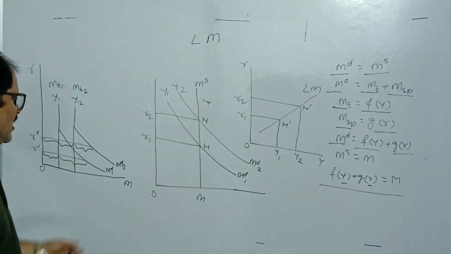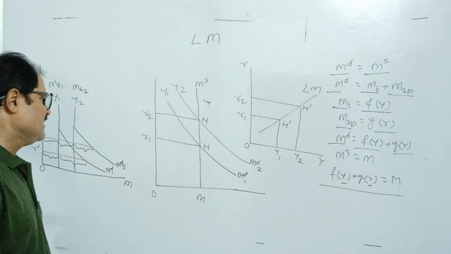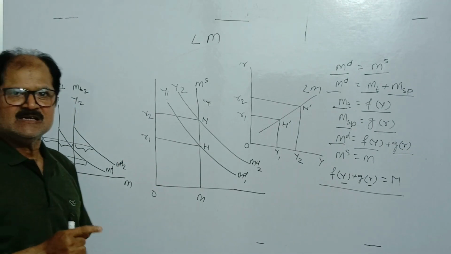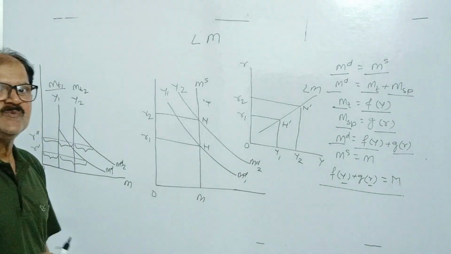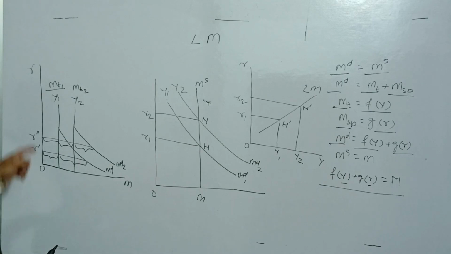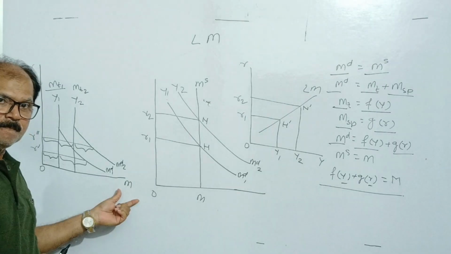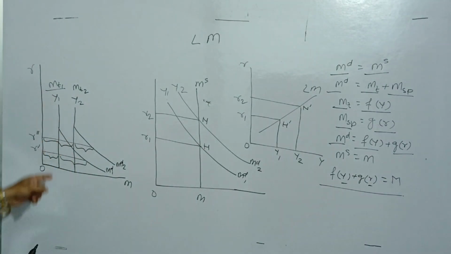First one is how exactly demand for money is derived. Transaction demand for money is independent of rate of interest. It depends upon income. Since this axis shows rate of interest and this axis shows money, transaction demand for money becomes a vertical straight line.